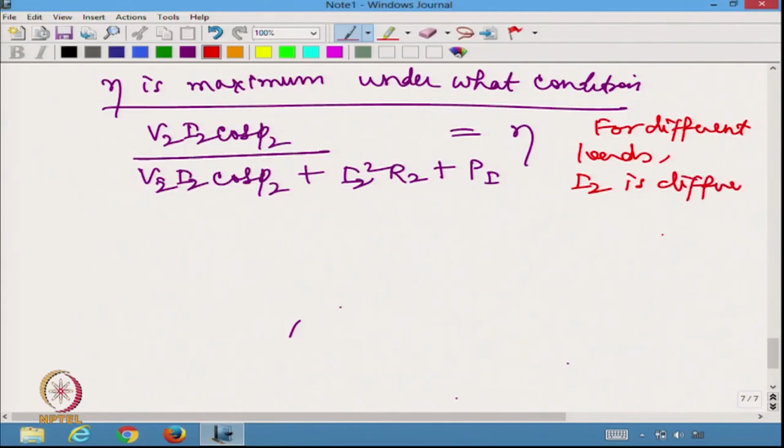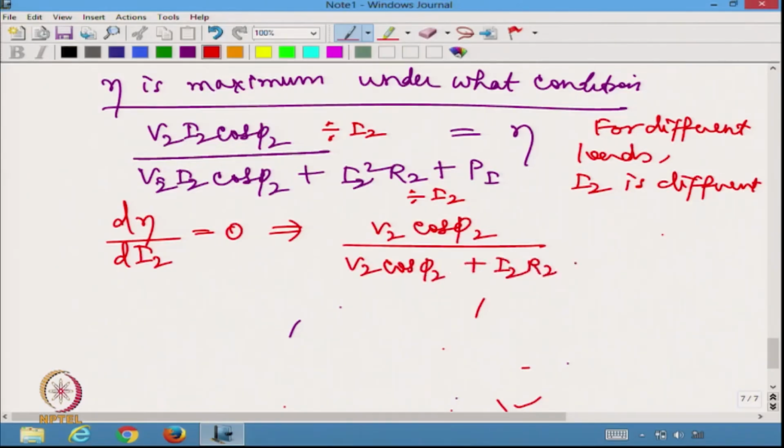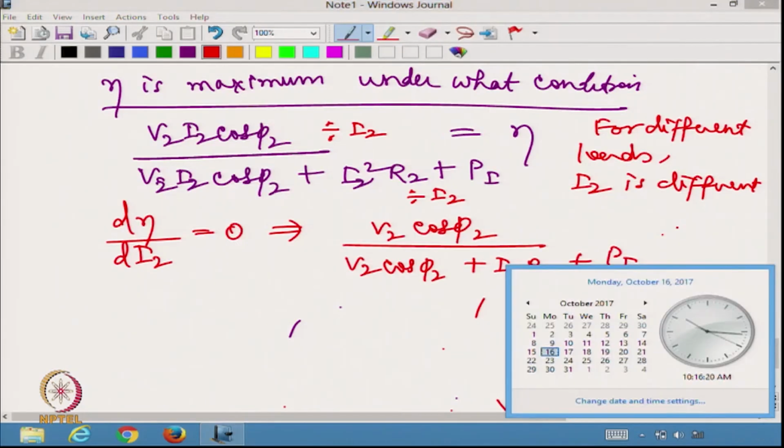So, let me differentiate the efficiency with respect to I2 and make it 0. Let me divide the numerator as well as the denominator by I2. So, I can write V2 cos phi 2 divided by V2 cos phi 2 plus I2 R2 plus Pi divided by I2.